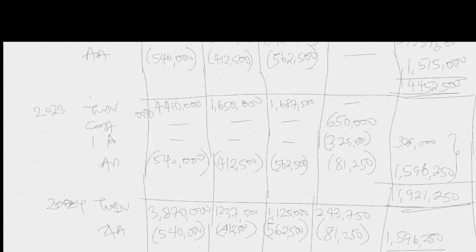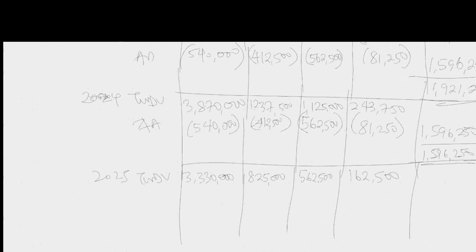AA. A is constant. But this one, that's the last year of use of this asset. You must retain 10 naira. It's 162,500. So I add everything.